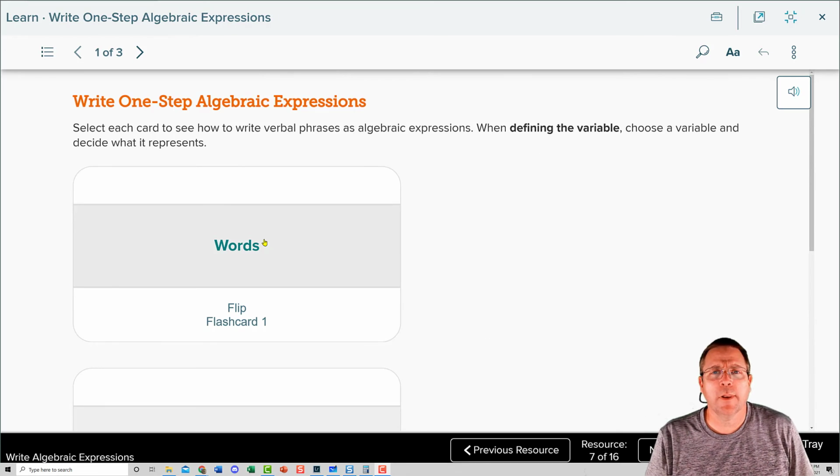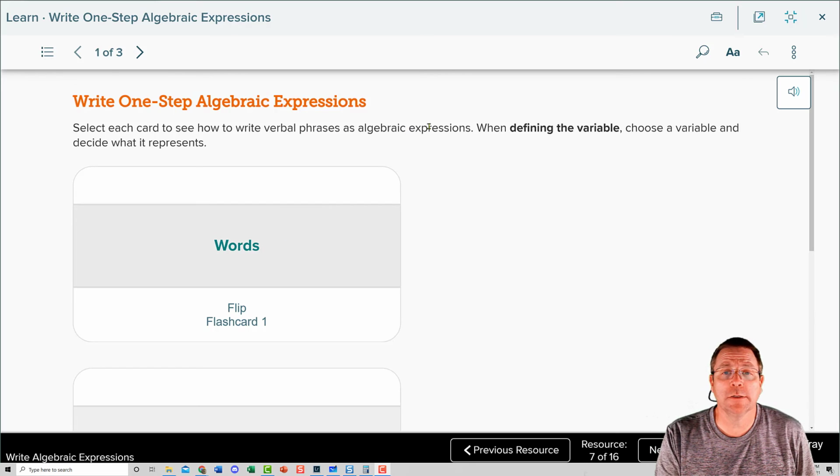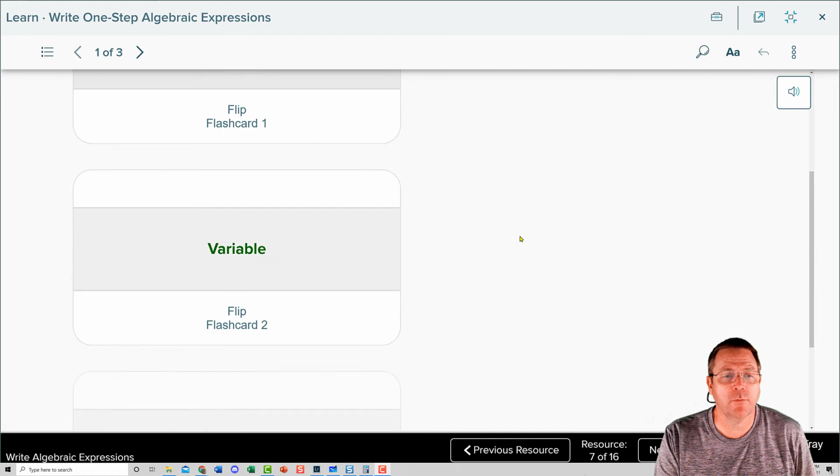We're going to make this the last slide set before we go on to part 2. So we're going to start off by selecting each card to see how to write variable phrases of algebraic expression. And it says, when defining a variable, choose a variable and decide what it represents.